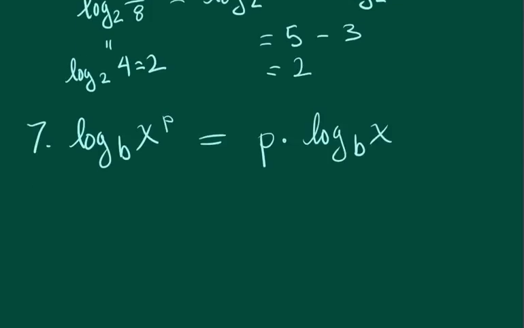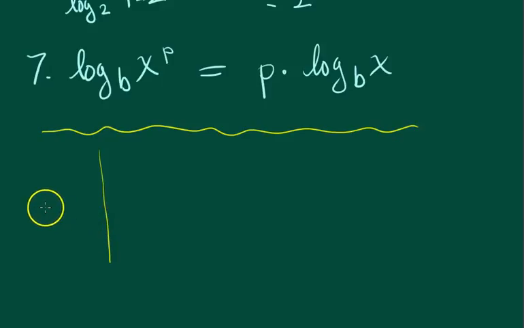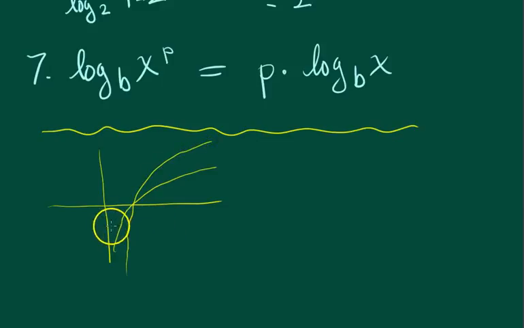Now, I need to backtrack a bit and mention some things that I forgot to mention before. As with exponentials, we have many different log functions. They all have the same shape. They all intersect at the point (1, 0), and we have a formula for changing from one log base to another.